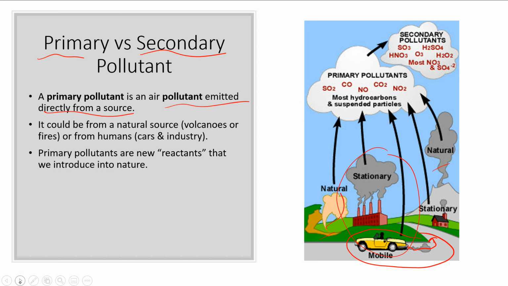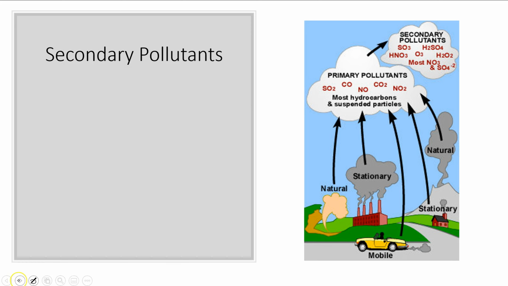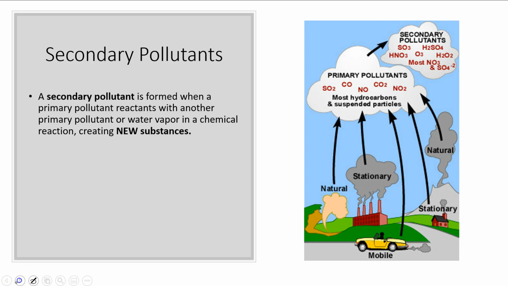The way we can think about our primary pollutants is that we are introducing new reactants into nature. We should already know what the term reactant means. A secondary pollutant is simply something that forms from a chemical reaction involving primary pollutants.